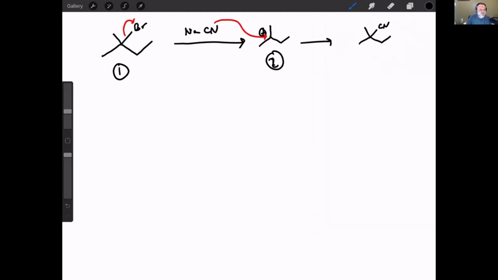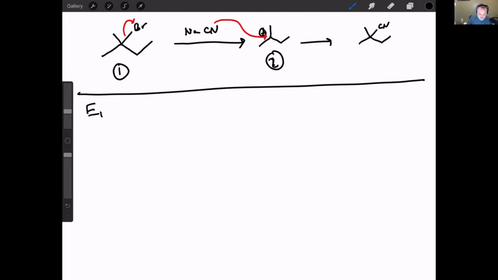All right, so eventually there's going to be a lot of different possibilities for this type of reaction. And one of the things we're going to have to do is figure out about all the different nucleophiles that we can use. And so let's take a look at the E1 mechanism in just a little bit more detail. Let's draw a line in the sand and let's think about what E1 has going on for it.